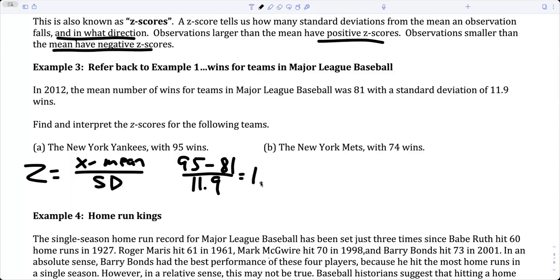What is it? I got like 1.18. Okay, but it also says to interpret that, okay? So the New York Yankees were 1.18 standard deviations above the mean.